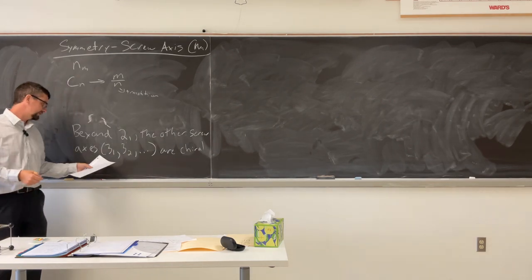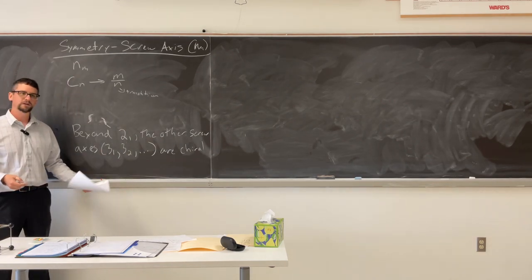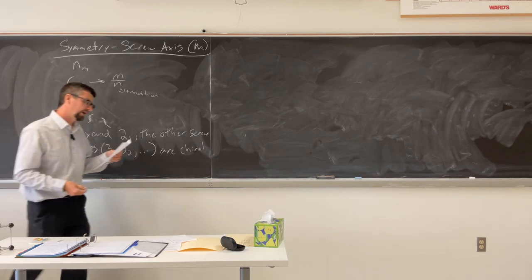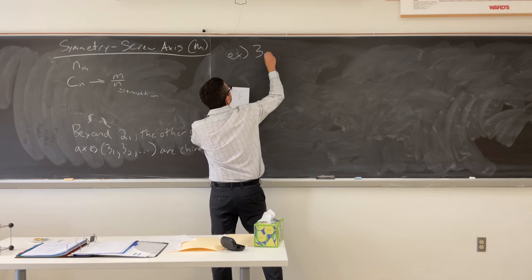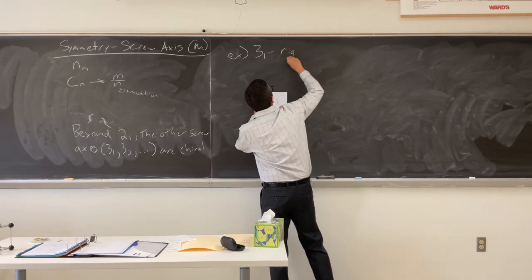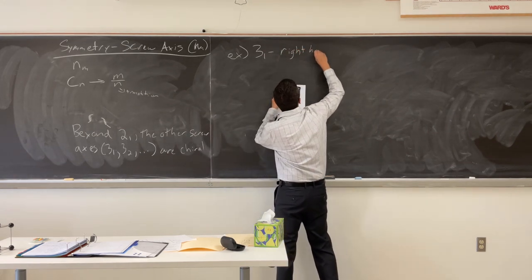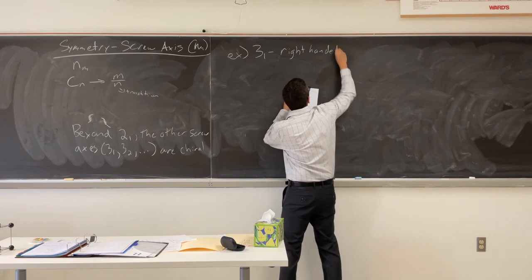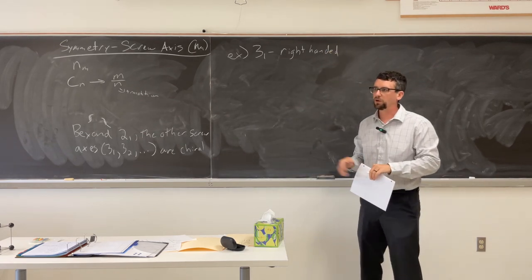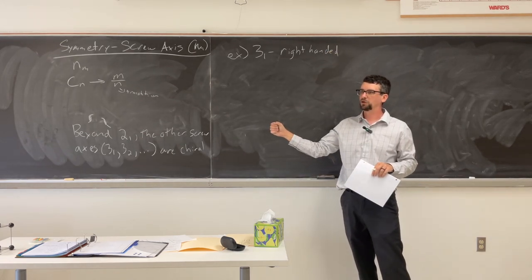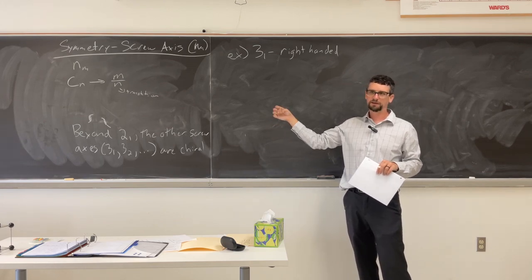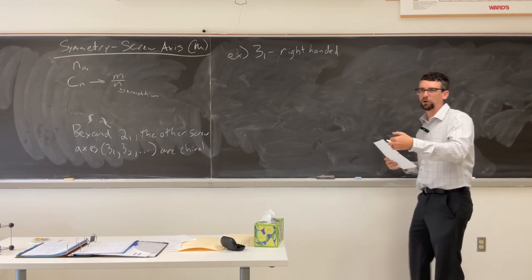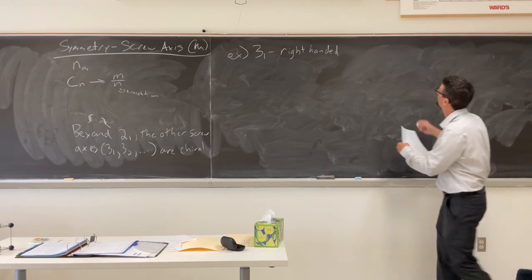But before we get there, let's show how, for example, a 3-1 and a 3-2 screw axis are chiral. So 3-1 is going to be right-handed, meaning if you were to pick it up and curl with your right hand, it's going to curl the same way in that structure, as opposed to the left-handed way.